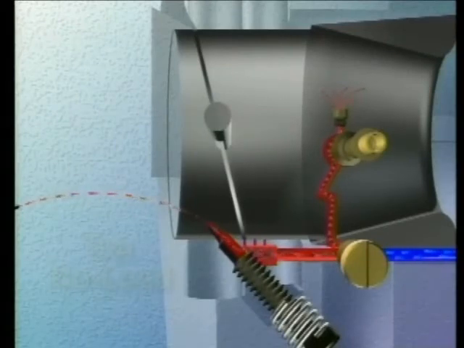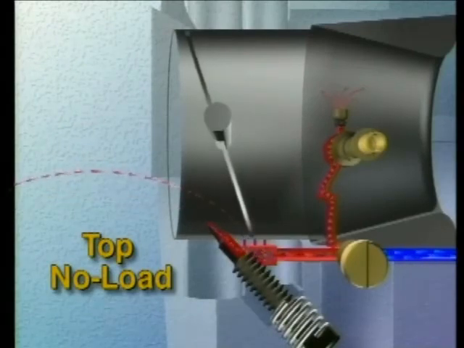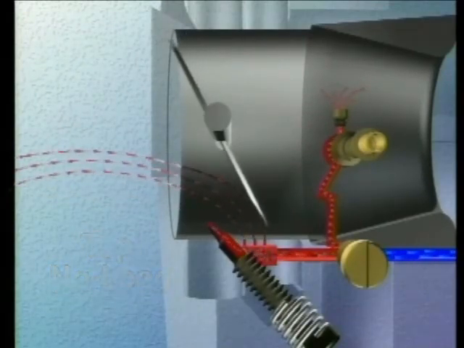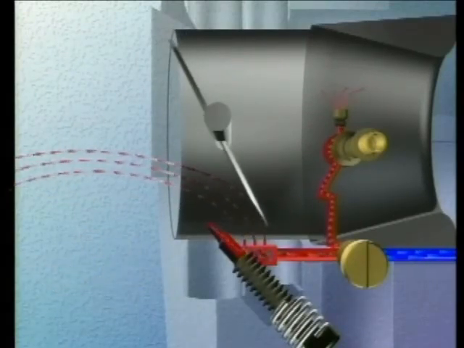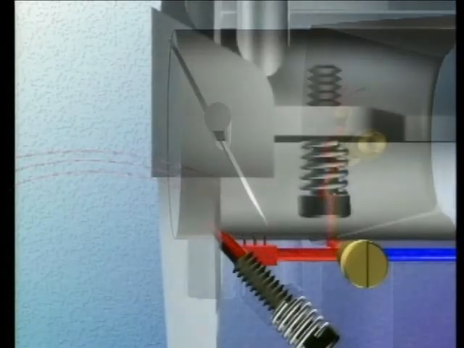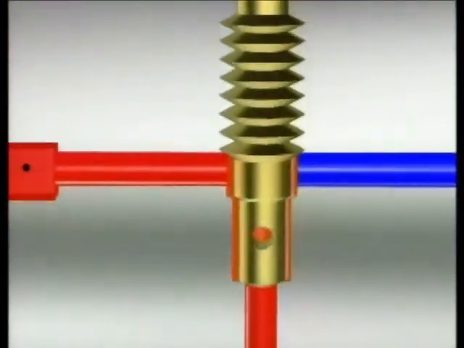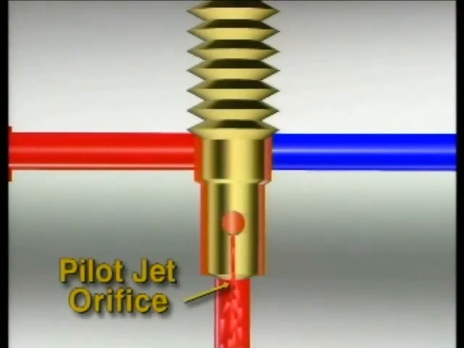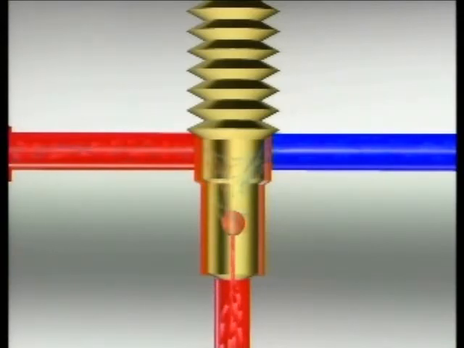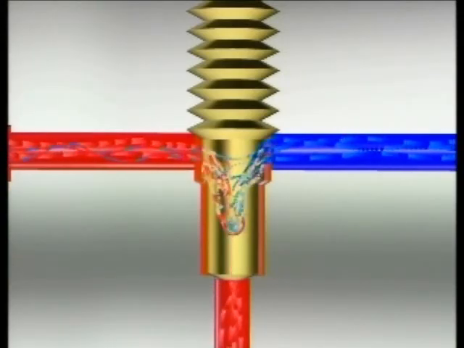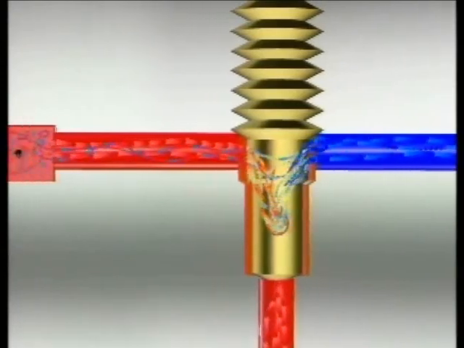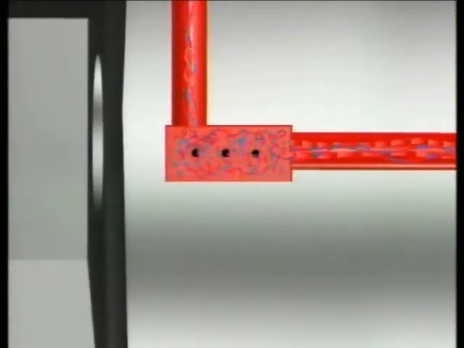However, when the engine moves to top no-load speed or becomes lightly loaded, the pilot jet begins to affect the engine's performance. The size of the pilot jet's orifice provides just the right amount of fuel needed to maintain the proper speed when the engine is lightly loaded. As the fuel and air begin to mix in the pilot jet, the mixture may move into a cavity where transitional holes are drilled.